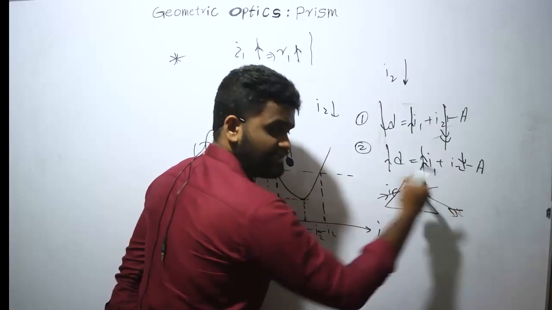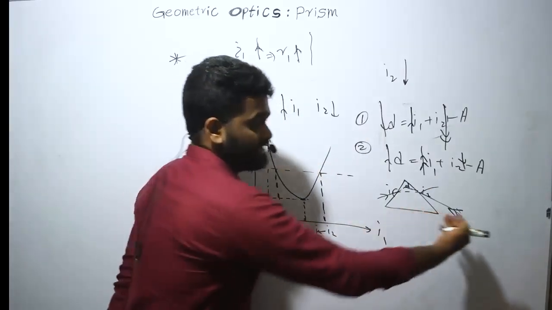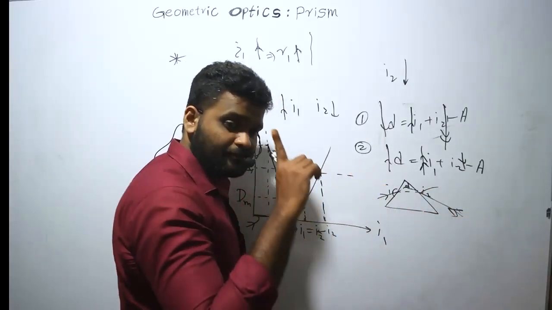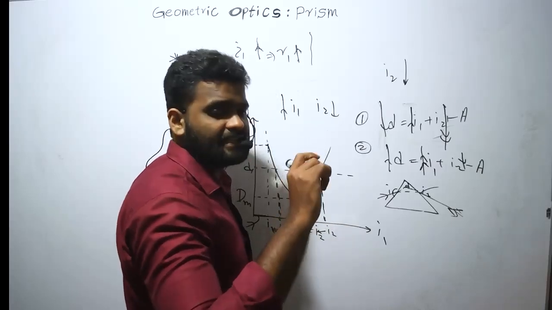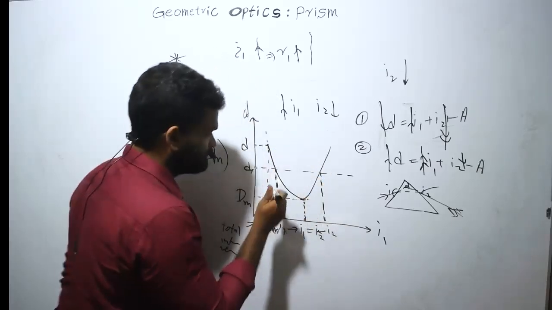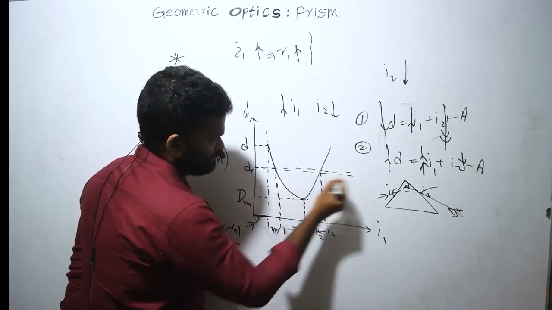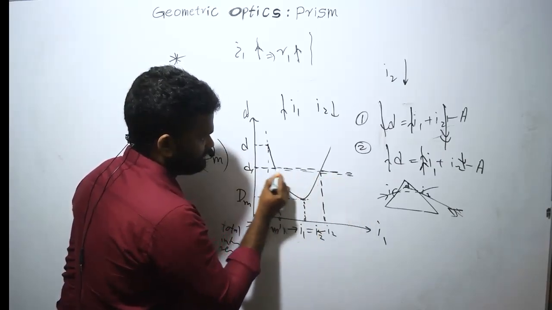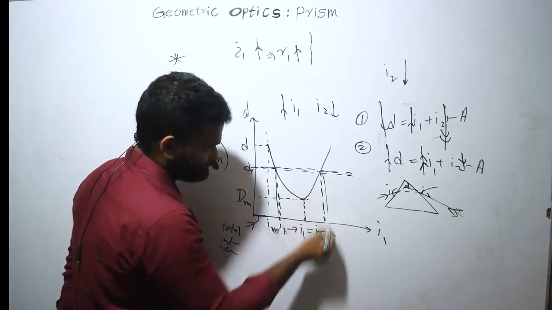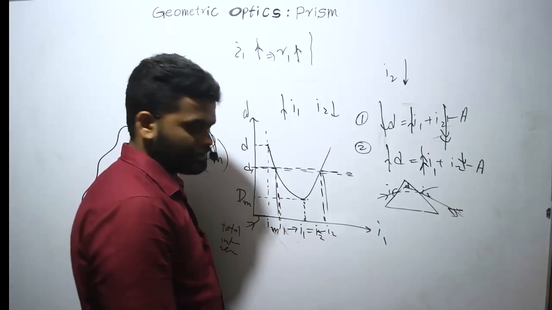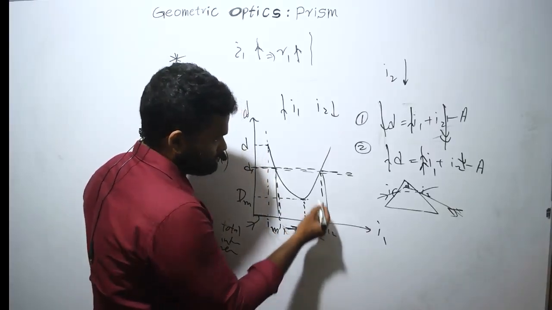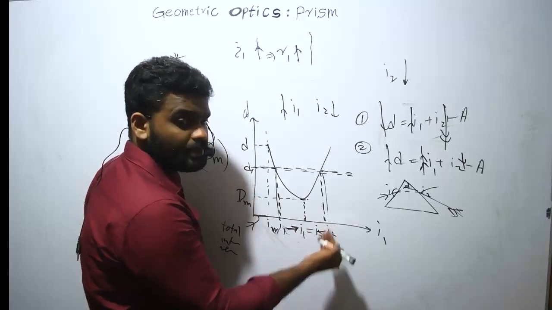On the other side, the incident angle is I2 if you send the ray from the other side. But for both cases, we have the same deviation angle. So that is what's shown here, right? Here you have the deviation angle, then you have two values. Those two values should be I1 and I2. So when I1 increases, you can think the other value should be I2.